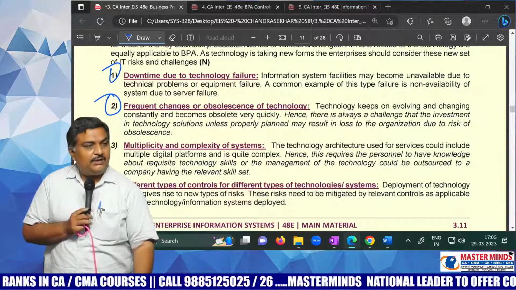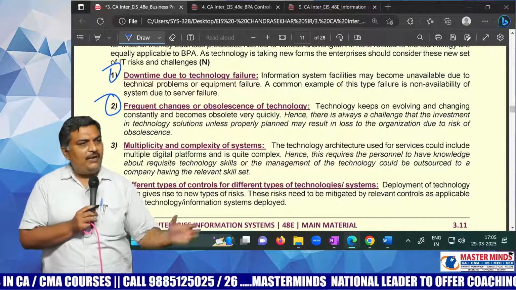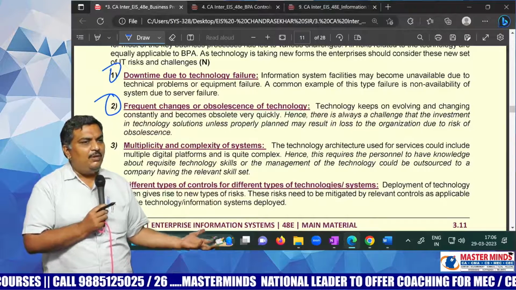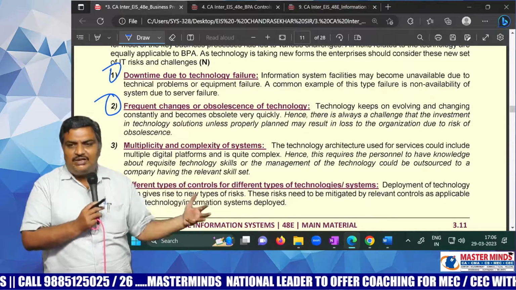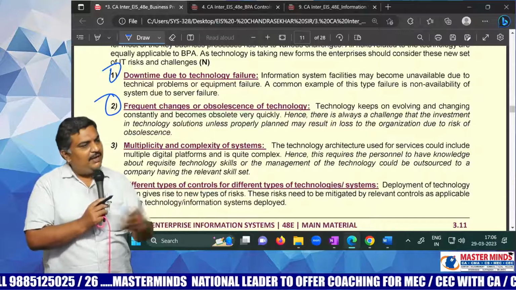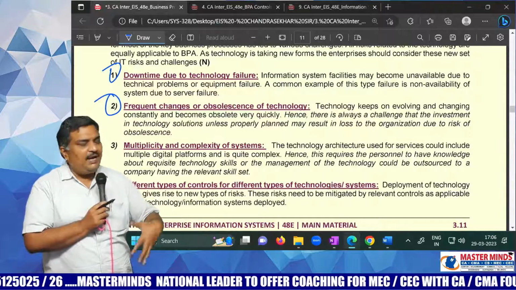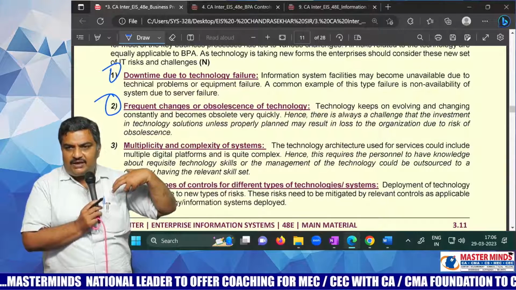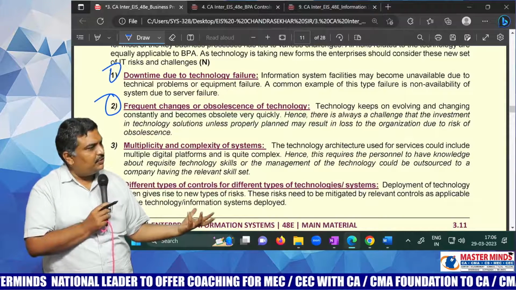Yesterday I read that Vodafone and Idea are in deep trouble. Why is Airtel in deep trouble now? Because they invested more in 3G technology. But all of a sudden Reliance came with 4G technology, and they could not get back the return on their heavy 3G investments. That has caused a risk to the organization.